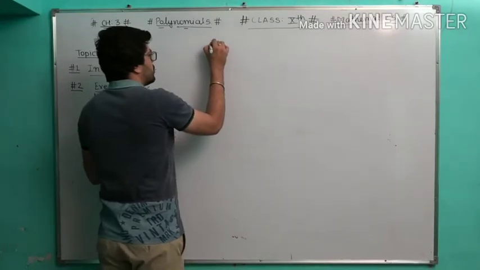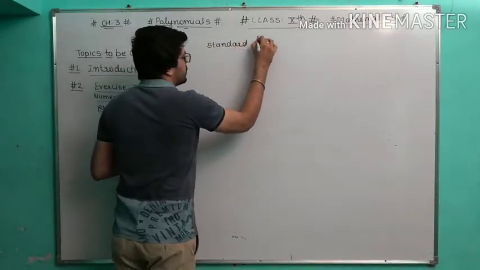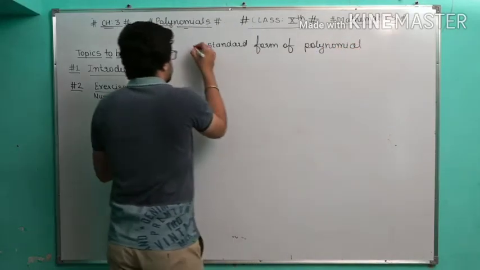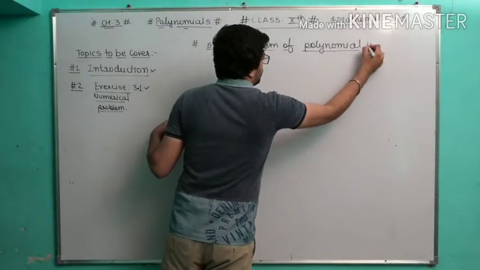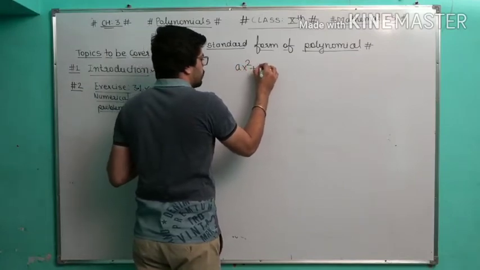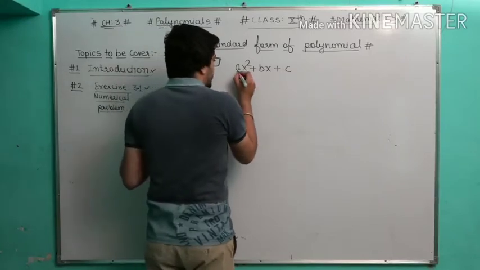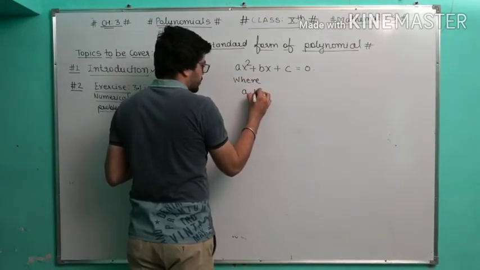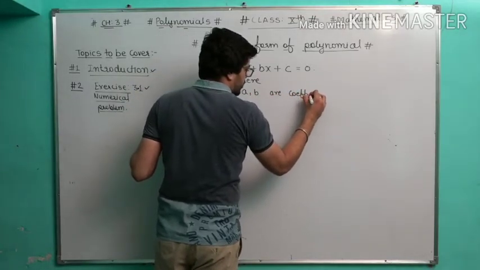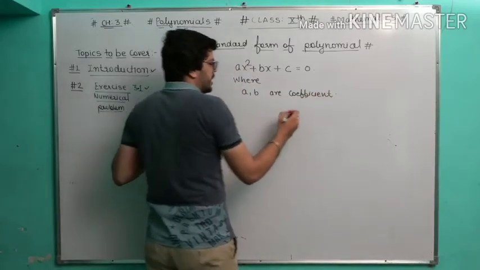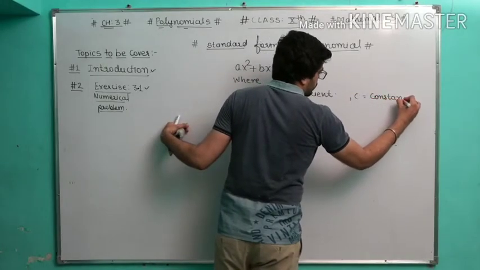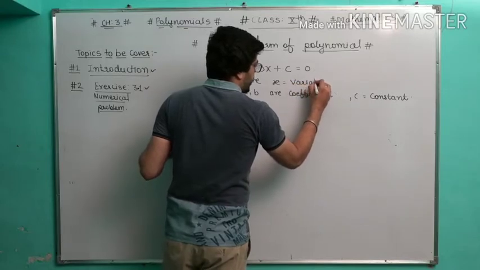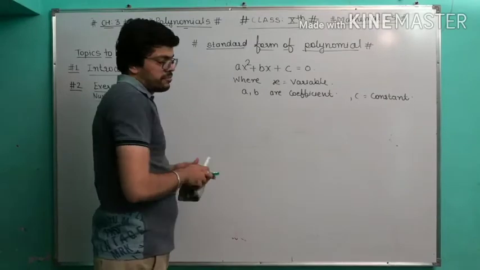The standard form of polynomial is ax square plus bx plus c is equal to 0, where a and b are coefficients, c is a constant, and x is the variable. X is the variable.